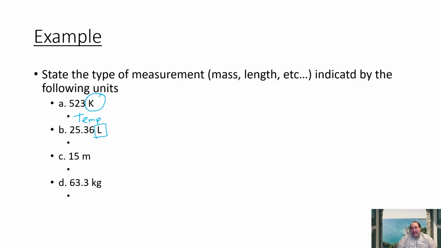Here, the unit is L, which is liters. So that is a volume that we're looking at. M is not mass, I was going to say, but that's going to be meters. I'll try to spit that out. So that's meters, and that means that is a unit of length. And lastly, speaking of mass, that is going to be kilograms, and that is a unit of mass.